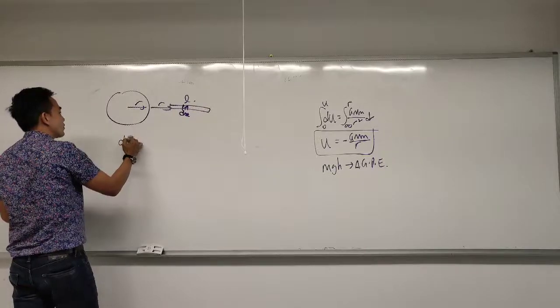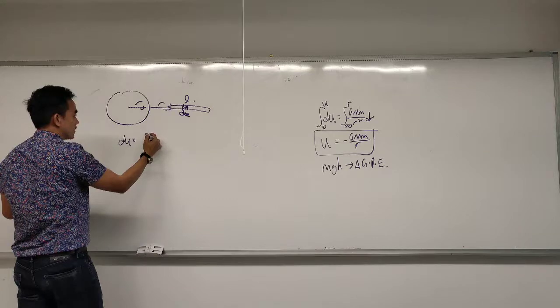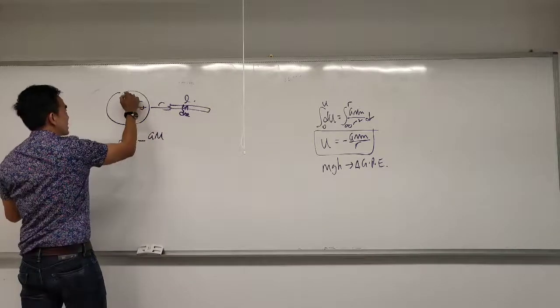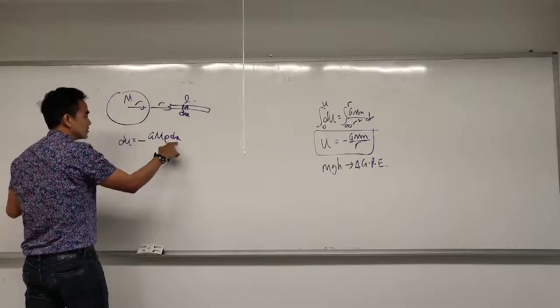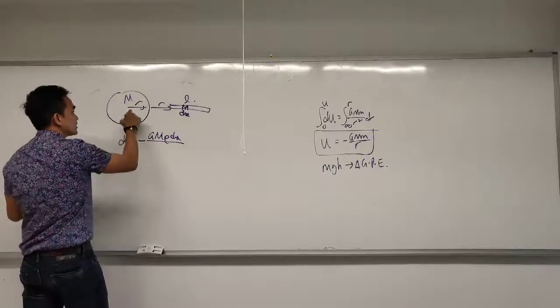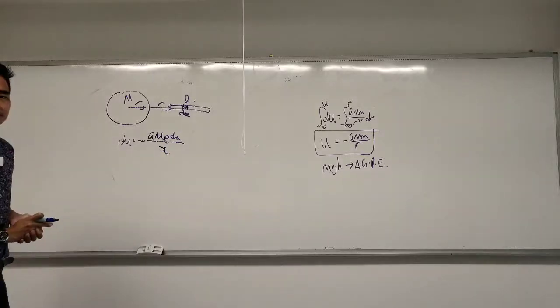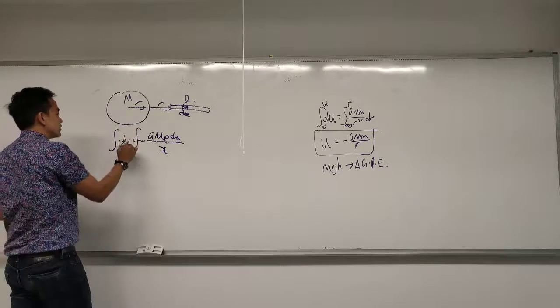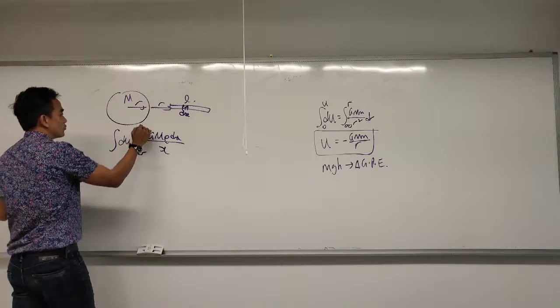So the small little potential energy of the small little mass will be equal to negative G, big mass M, small little mass, which is mass per unit length times dx, divided by the distance from here to here. So let's call this x. So if you integrate this, x will be from 2r to 2r plus L.